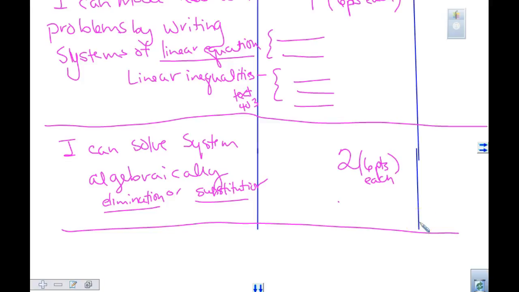And then the last one is that I can solve a system of linear inequalities graphically. So up here you were just writing them. Now you have to solve them by graphing, like we did in D7.